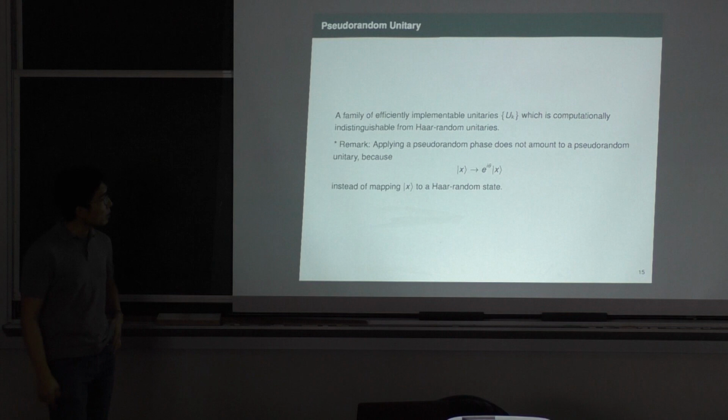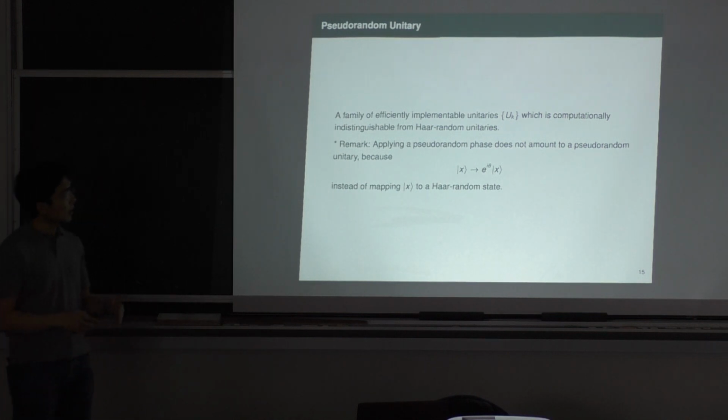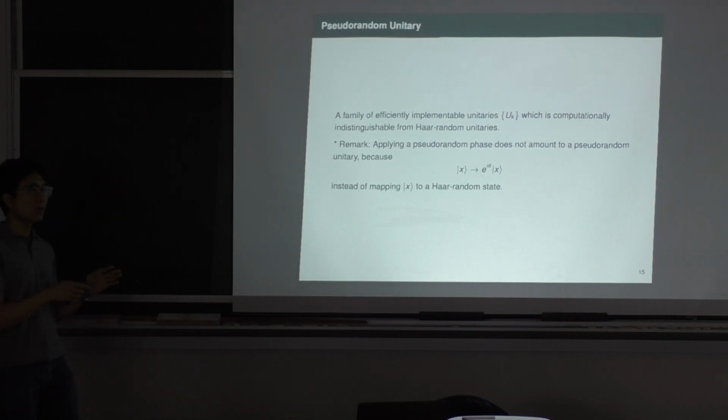So it could be that there's a certain amount of entropy that you need to produce a k-design, because you need enough states to get the ensemble. It could be that you need a drastically lower number of unitaries and still pass this test.